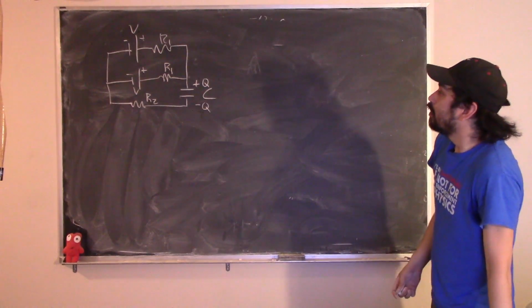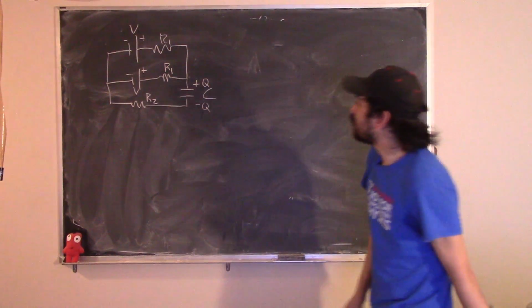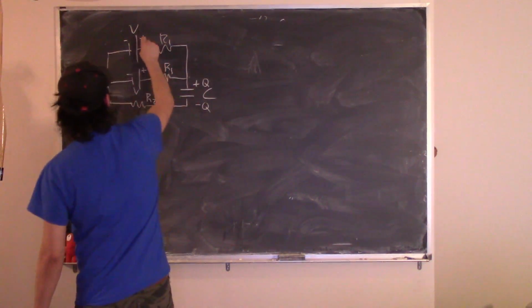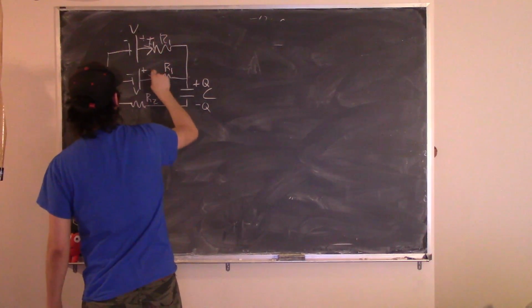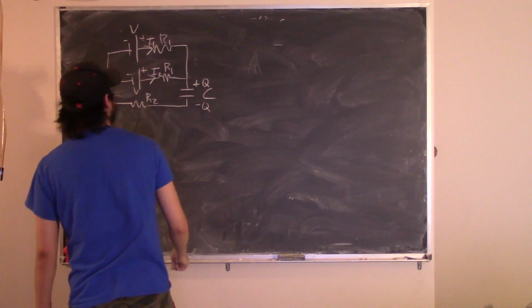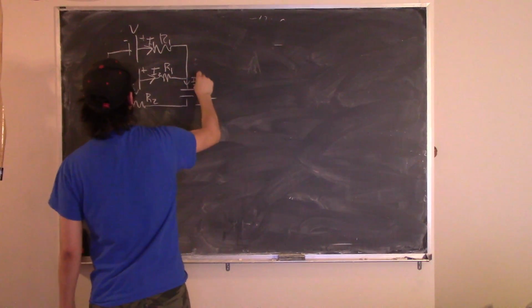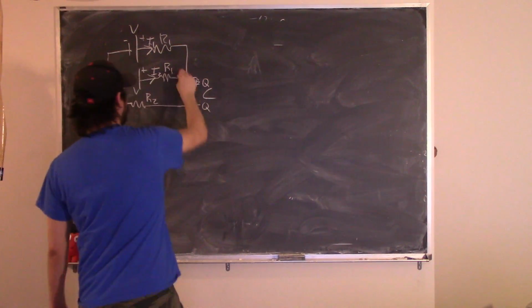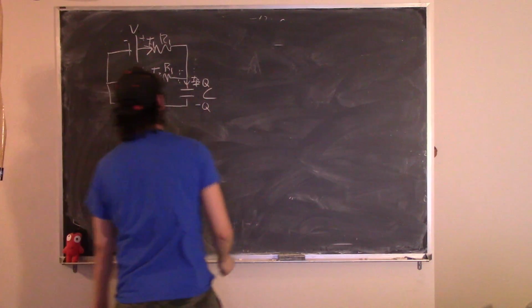Okay. So the second thing that I need to do is I need to define some current. So let's call this some current I1, call this some current I2, and then we could say that there's some current I3 here as well. So draw my box.